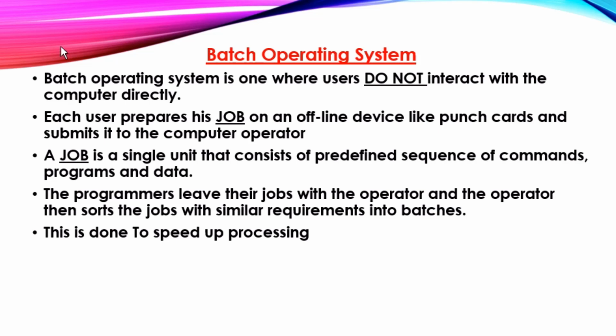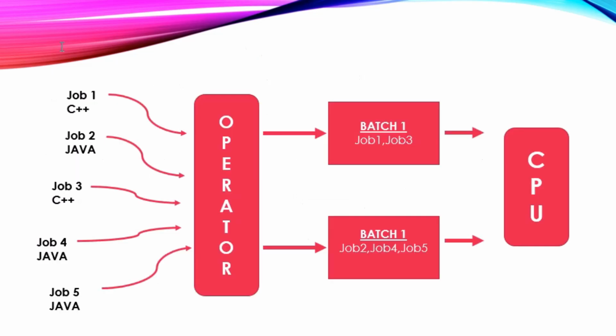Looking at this conceptual view of the batch operating system, we will understand how this operating system works. In this example, there are 5 jobs to be processed. These jobs are submitted to the operator, and the operator then sorts the jobs according to their requirements.